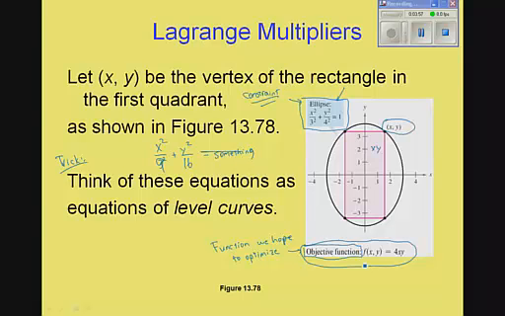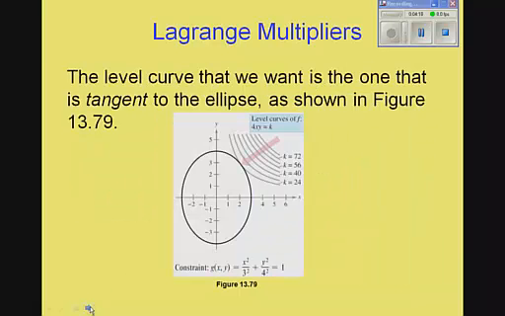And similarly, I can think about level curves here. I could put in various values of z equals f of x, y, and when I do that, I get level curves. So the picture on the next page kind of shows you the idea. They say, let's take that function f of x, y and set it equal to k.